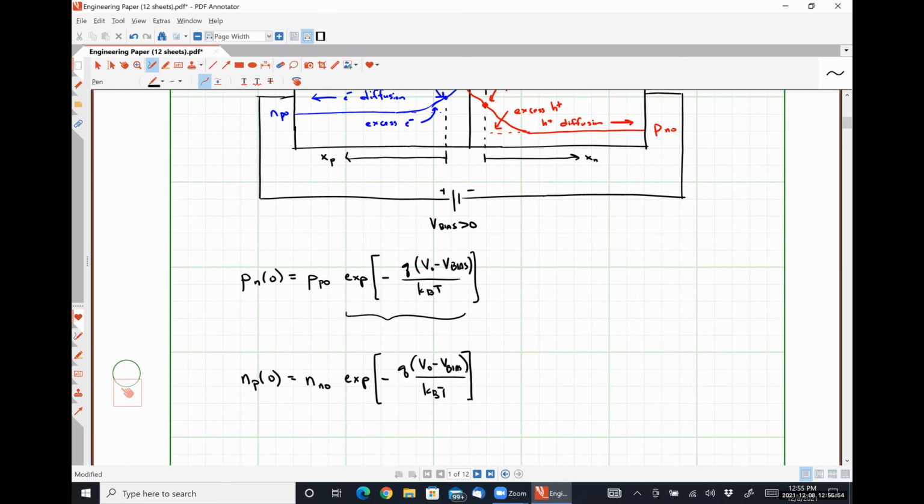So we can make this where we only see the effects of the bias voltage, okay? So our hole concentration on the N side is going to look like PN naught EXP of Q V bias divided by KBT.